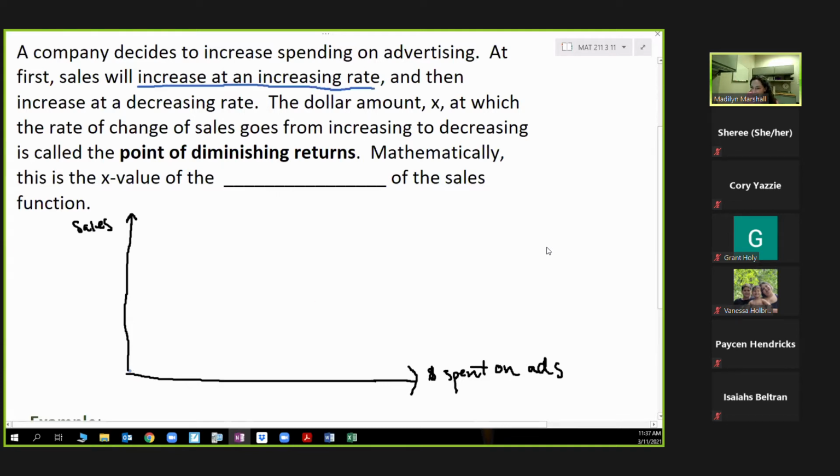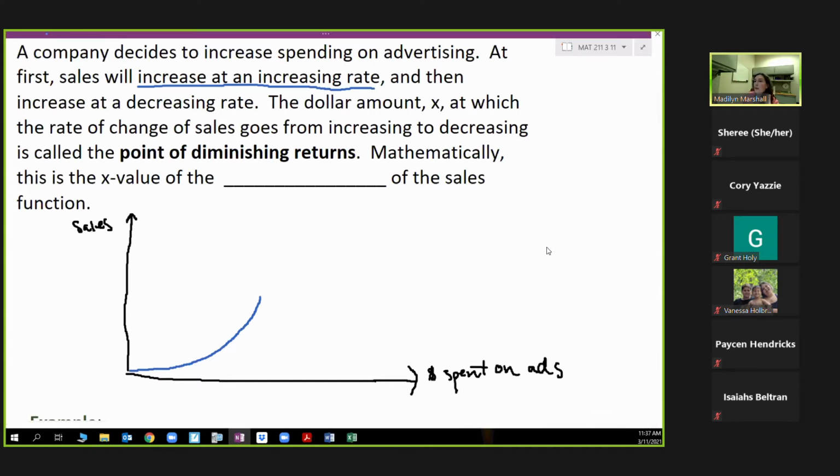So what that's saying is that the increase is getting faster and faster and faster. So the more money we spend on advertising, the sales are actually getting more and more and more. So it's increasing at an increasing rate. So the slope is positive this whole time, but it's getting steeper and steeper and steeper.